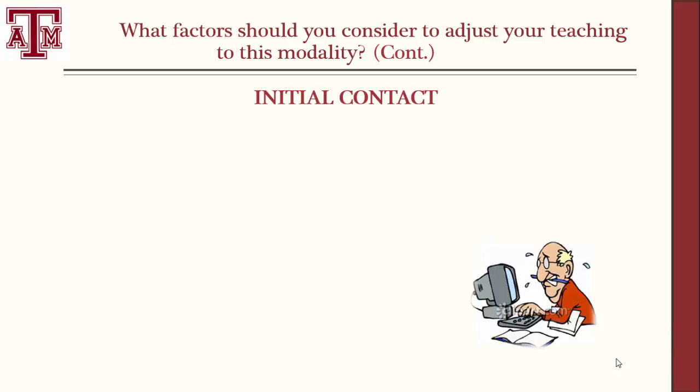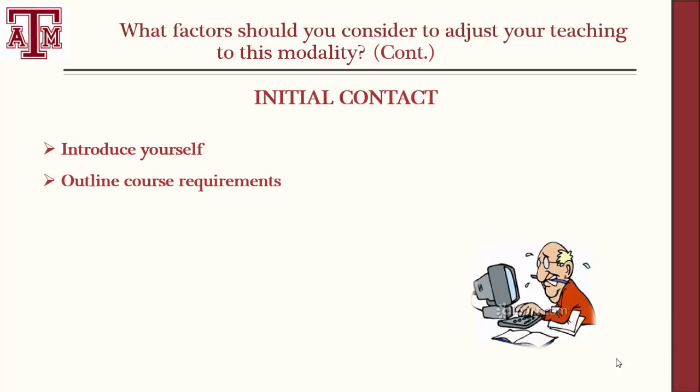So what I would do is send a letter or an email introducing myself, more than likely an email, because sending a letter to an international location can be a challenge. So I would send an email introducing myself and giving the students a little bit about my background, and in return ask them to respond, introducing themselves and telling me a little bit about their background.